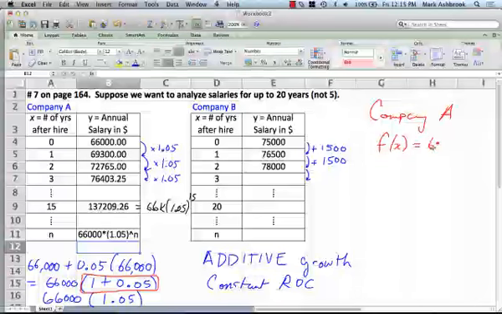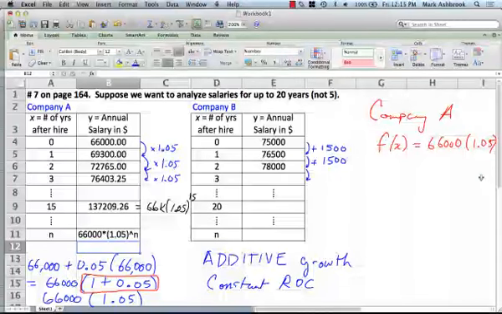We'll start with the initial value, and for every year that goes by, we'll multiply it by 1.05, which has the effect of increasing by 5%. After x years, how many times will we have multiplied by 1.05? x times. That's our exponent. That's what it means: the number of times we multiply by 1.05.